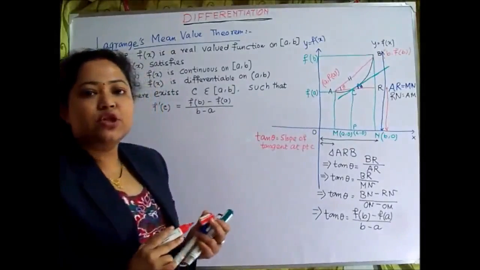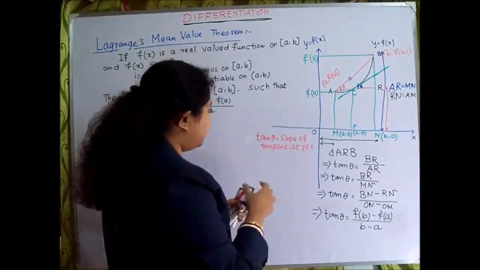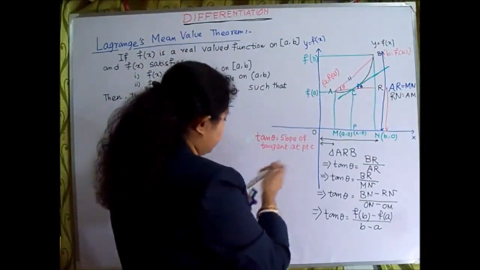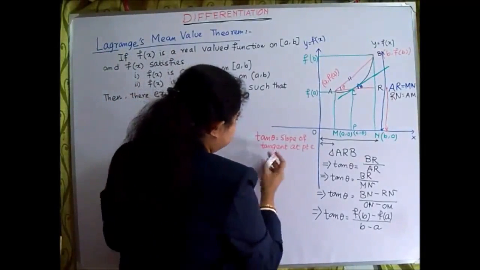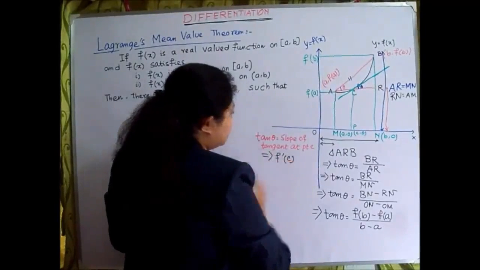Now what is the slope of tangent at point C? From the differentiation we can write tan theta is equal to A prime C, right?